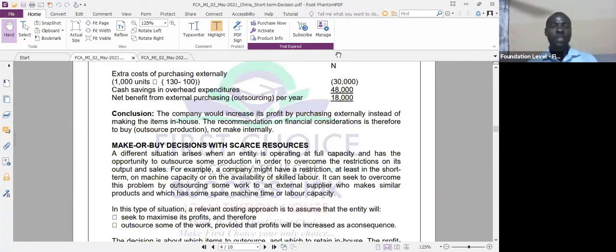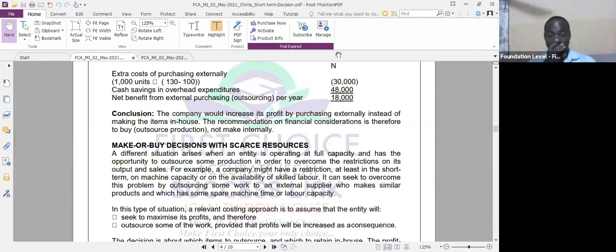So you apply it on things that you know are more productive, more profitable, and you apply those scarce resources there. That is what we are looking at in this subtopic, make or buy decisions with scarce resource.